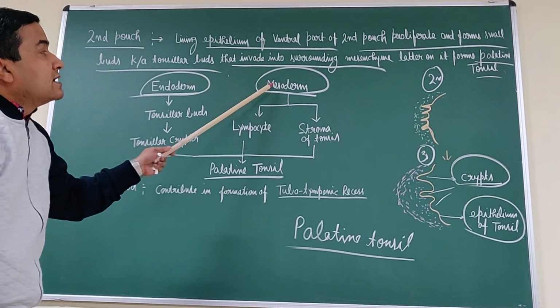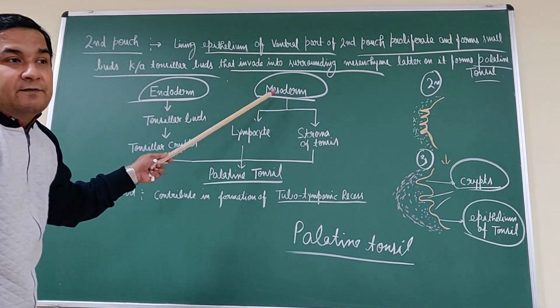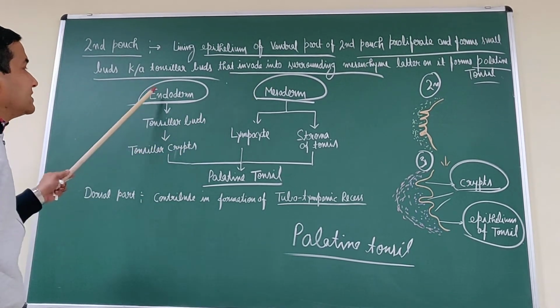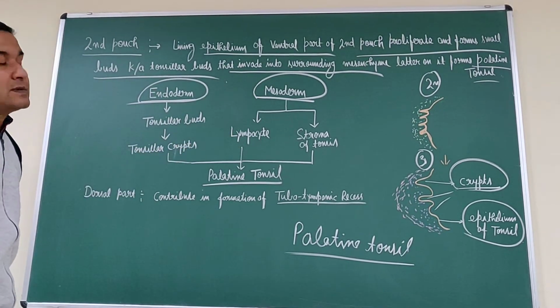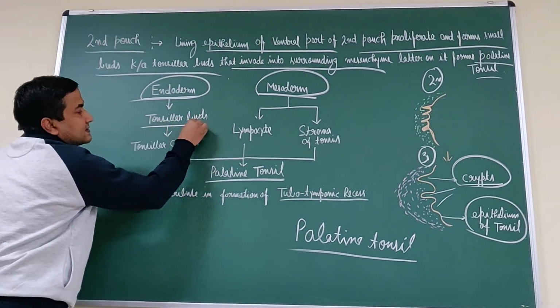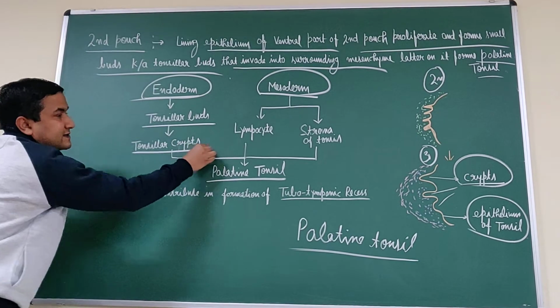It provides the skeleton of the gland. So any gland is formed by the two sources, the endoderm and the mesoderm. This endoderm forms the tonsillar buds and then they proliferate to form tonsillar crypts.